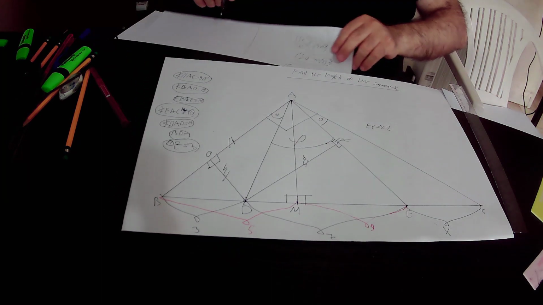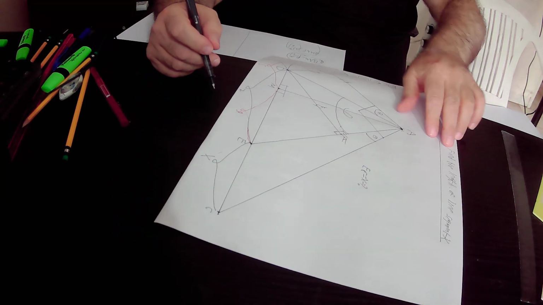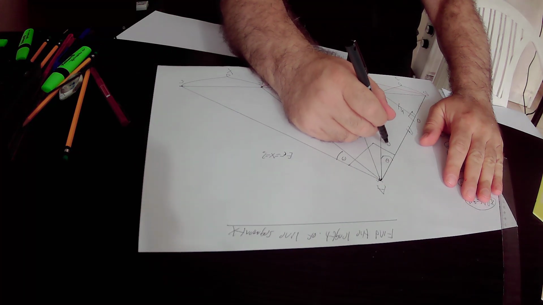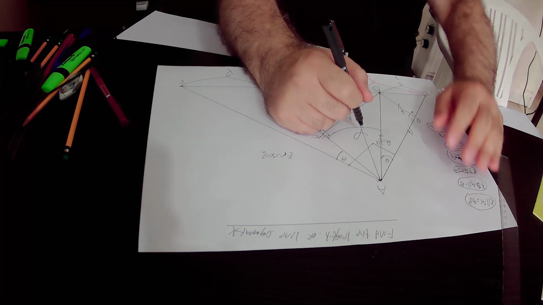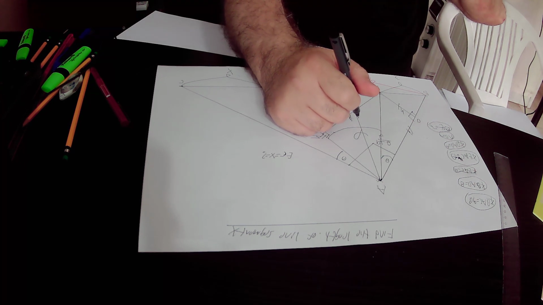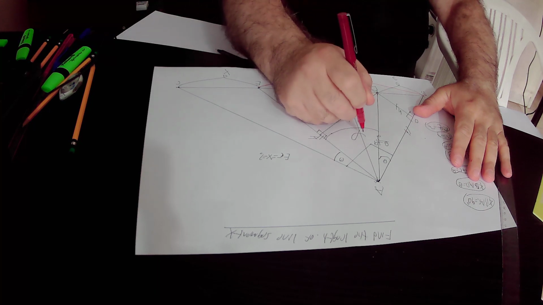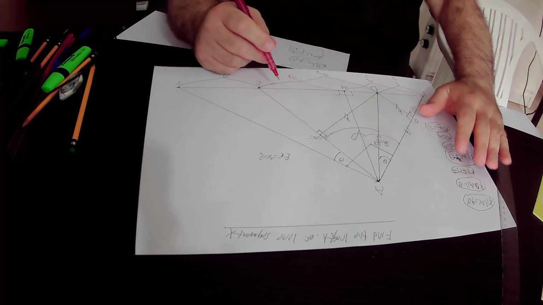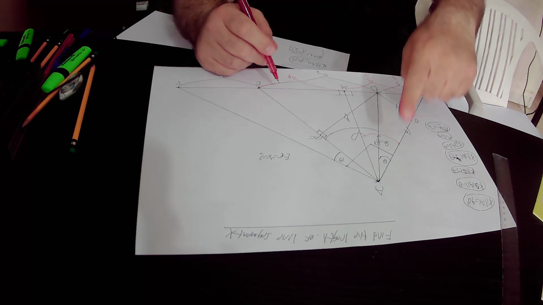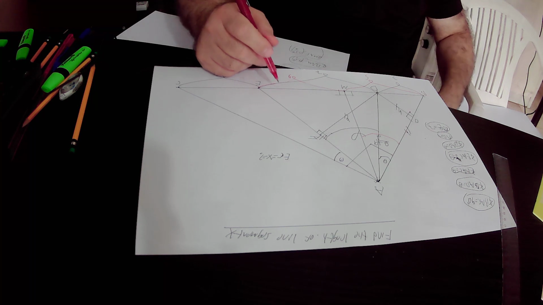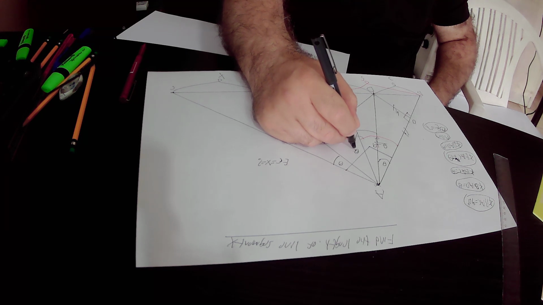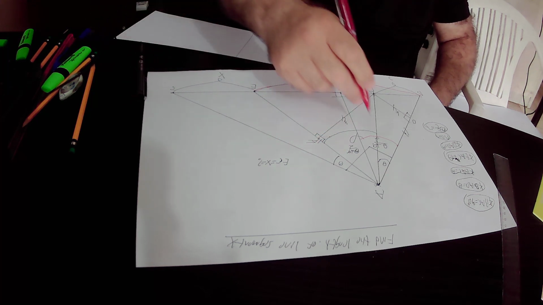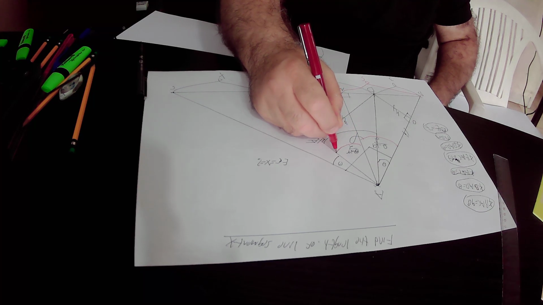So I write it down here that angle BAM is equal to theta plus alpha over 2, and angle MAE is also equal to theta plus alpha over 2.